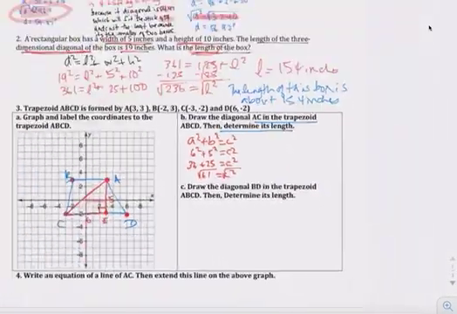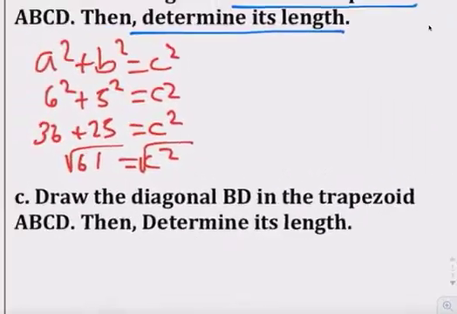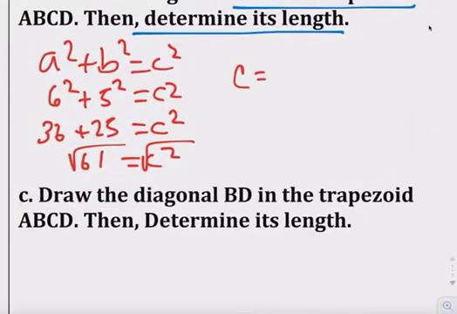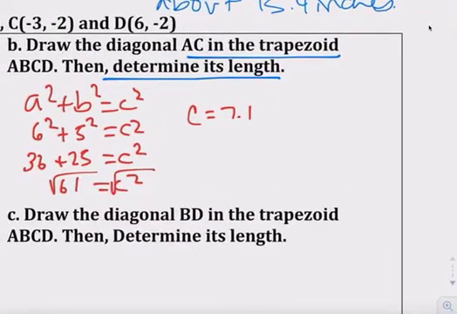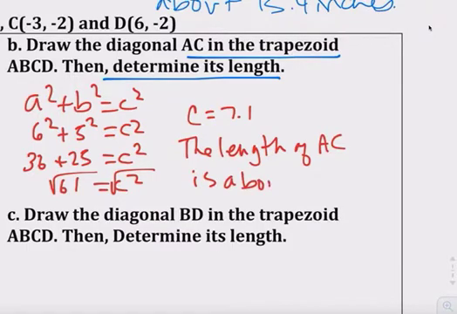It didn't say round to the nearest tenth or anything. So C is about 7.8. So you'd write the length of AC is about, because you round, 7.8 units. Okay?